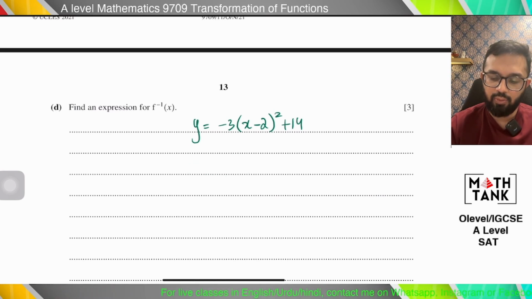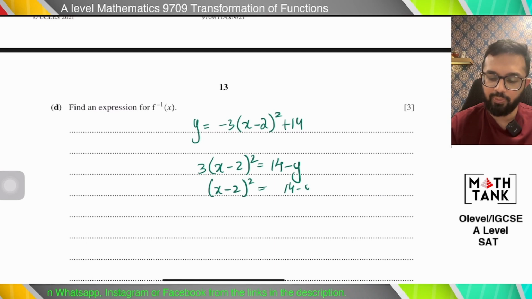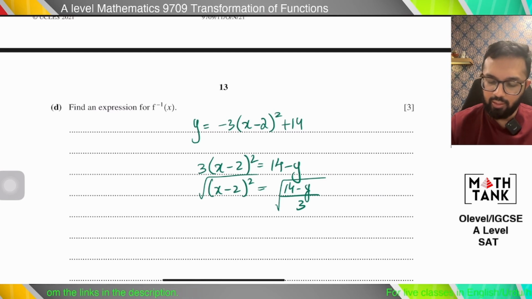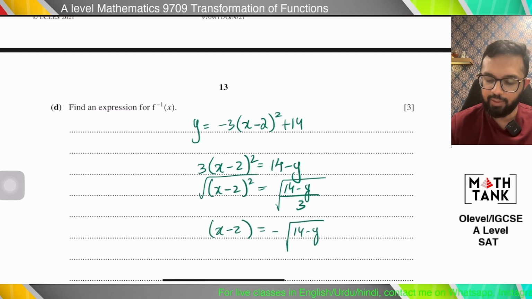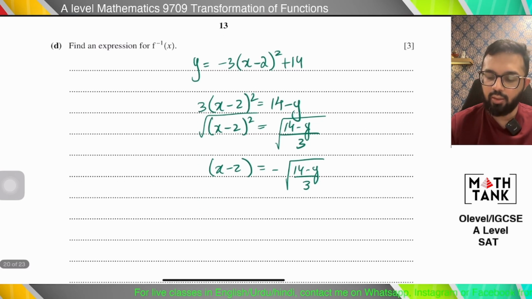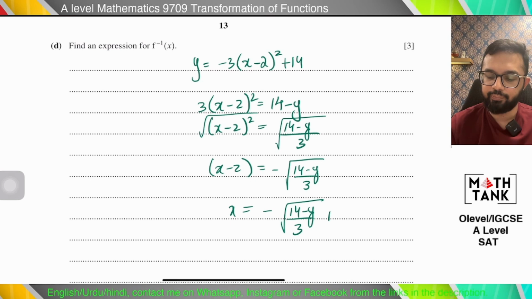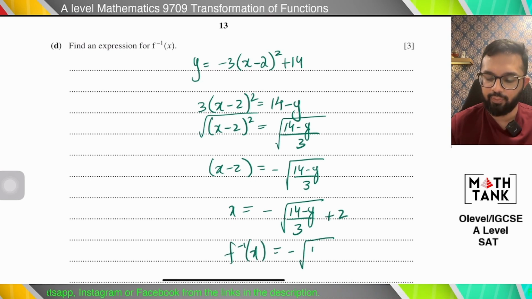So let's do minus 3(x minus 2) whole squared equals 14 minus y. (x minus 2) whole squared equals (14 minus y) over 3, and I take a root, and I'm going to take a negative outside the root because the negative part of the curve is present, and x is therefore equal to this. So f inverse of x is 2 minus the root of (14 minus x) over 3.